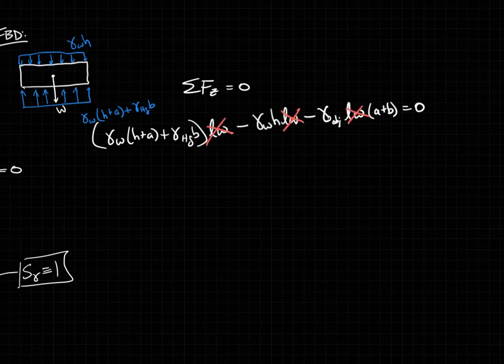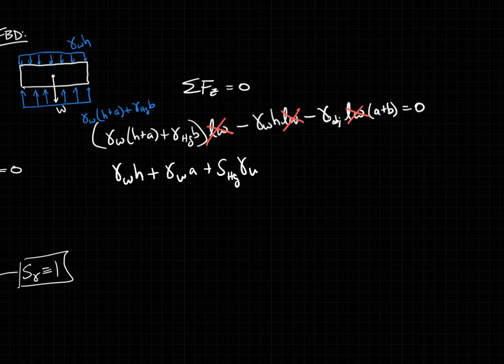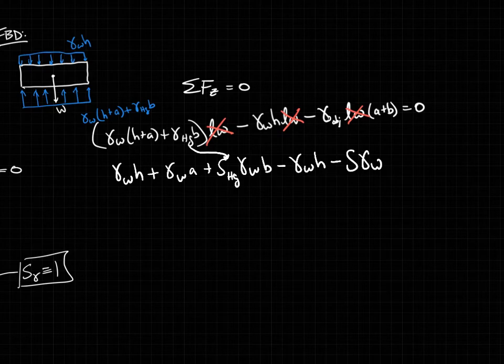All right, so rewriting the next row, and we're going to distribute. So I'm going to have gamma water times A plus S mercury times the gamma of water, noting I'm just expanding that, times B minus gamma water times H minus the gamma of the object. So that's going to be the S of the object times the gamma of water, A plus B equals 0.